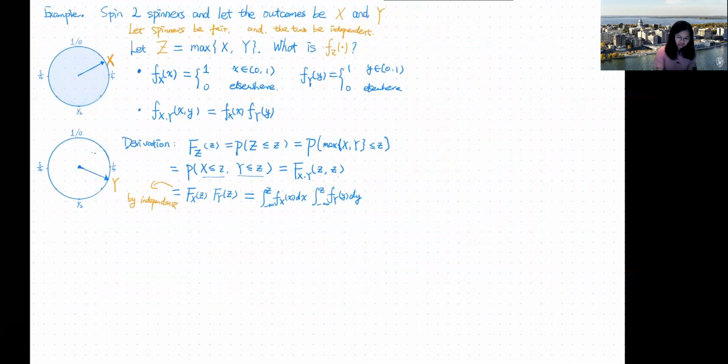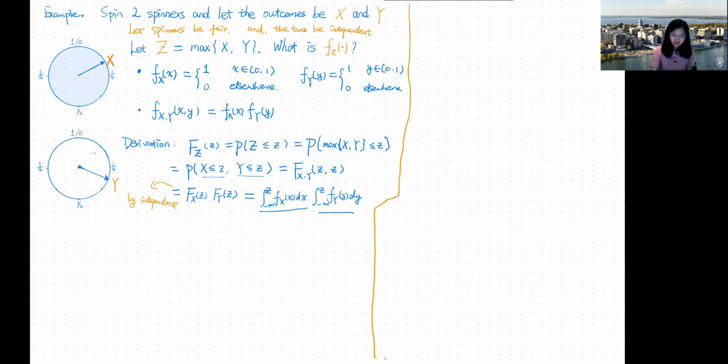Now, these two integrals, we can work on them. Because we know X and Y have the same distribution, these two integrals should have the same value. So let's now just work on one of them.